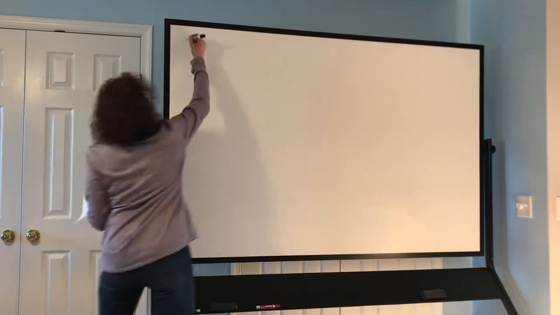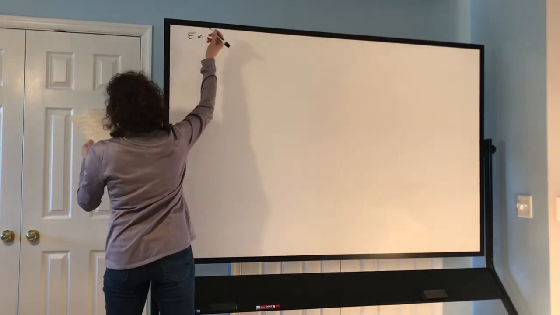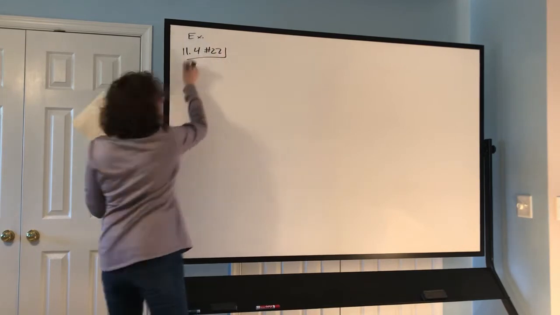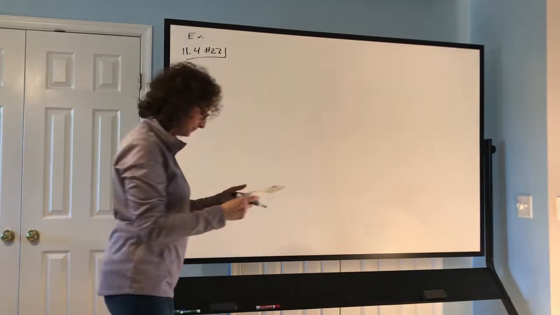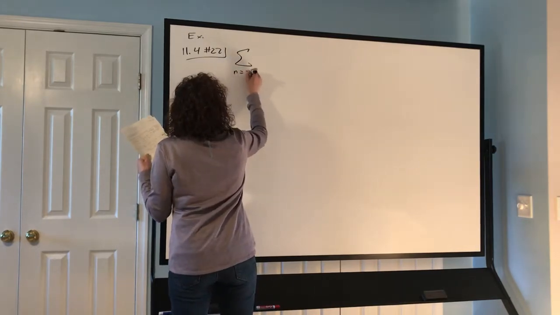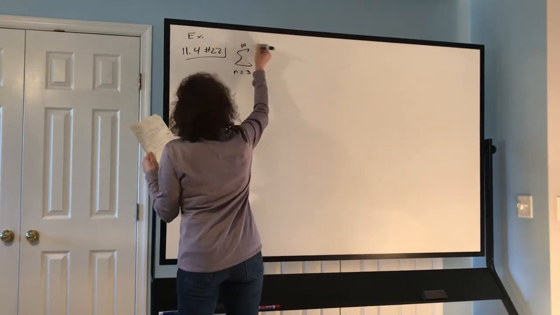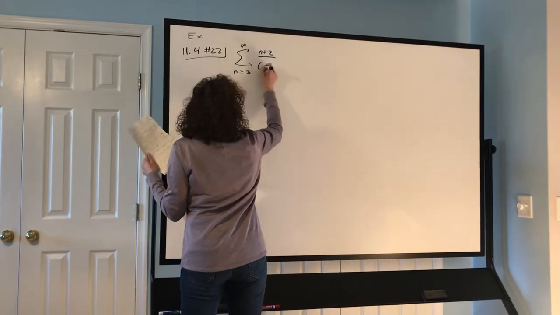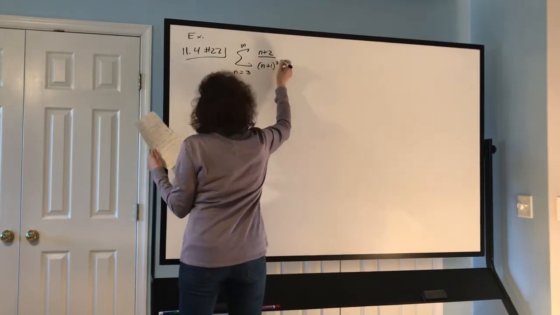Okay, let's try a problem and make sure the video is running. Yay. Okay, let's look at an example. This is exercise section 11.4, number 22. Here we have the sum from n equals 3 to infinity of (n plus 2) over (n plus 1) quantity cubed.